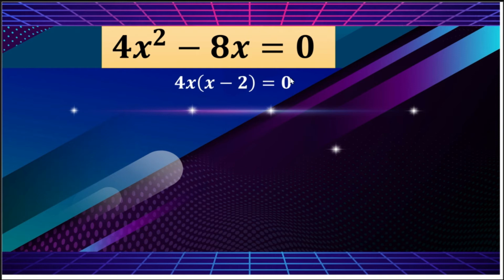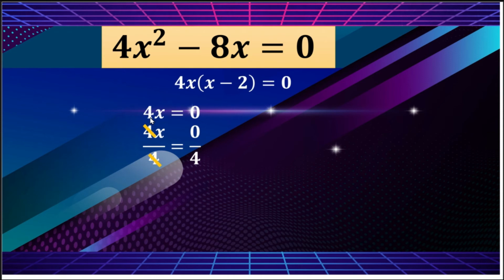Next, in our review we only factored, but our goal here is to find the values of x. After factoring, we are going to separate the two factors, using the zero product property. So 4x equals 0. Then afterwards, we are going to divide both sides by 4 to cancel out 4.